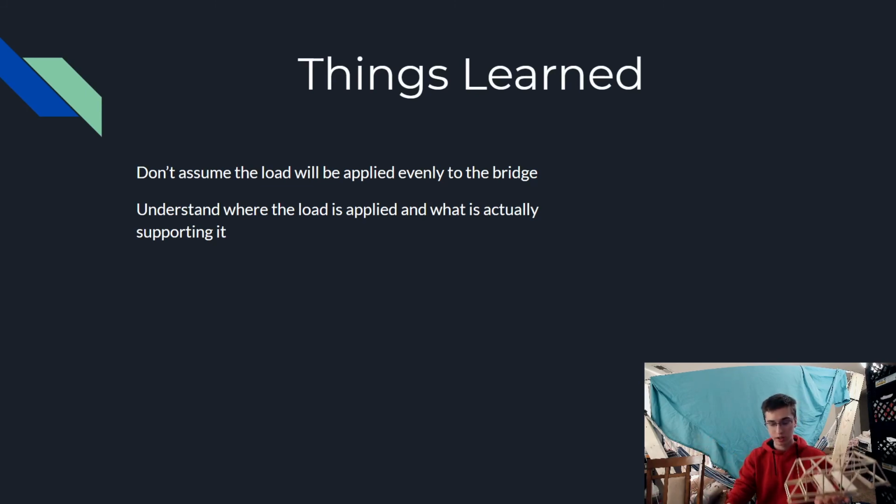That was just 4 members and then a single long piece. So with this example, I learned, look at where the load is actually being applied and make sure that the bridge is being used in its strongest way. Make sure that the wood that you're putting underneath it is actually supporting it and not just there for decoration. So think critically about where the load is applied and make sure that it's being supported properly.